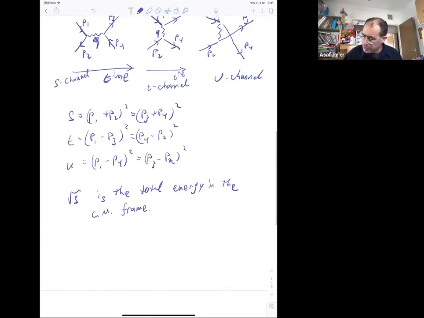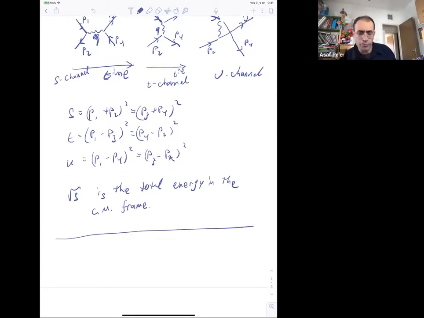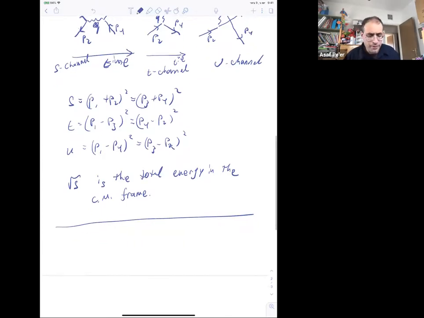Now I mentioned also that Feynman diagrams are really perturbative diagrams, right? So if you want to calculate the probability of scattering to occur, or the cross section to be more precise, then we have to sum up over all possibilities. So for example, in electromagnetic scattering, we have electron and electron coming, they can exchange a photon and be scattered.